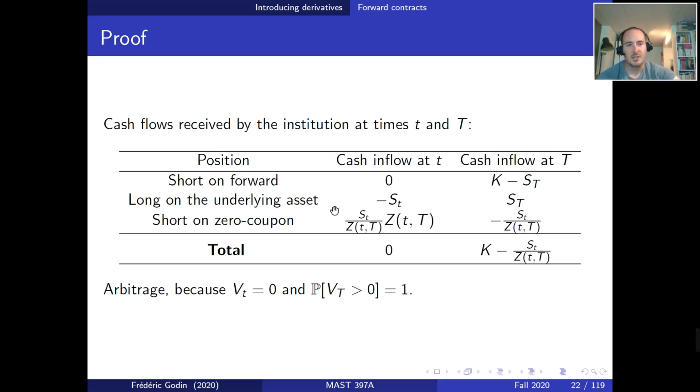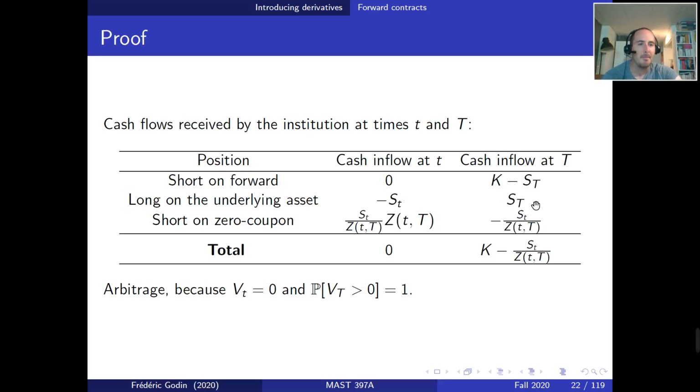The second transaction we considered in the portfolio was a long position on the underlying asset, meaning that you purchased one share of the underlying asset. If you purchase a share at time small t, your cash flow is minus S small t because you have to pay for the underlying asset.